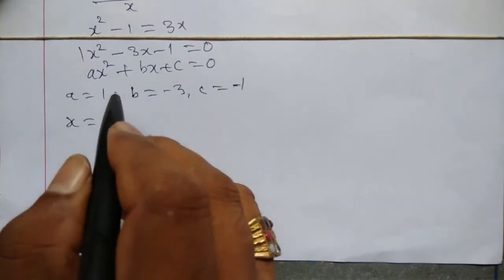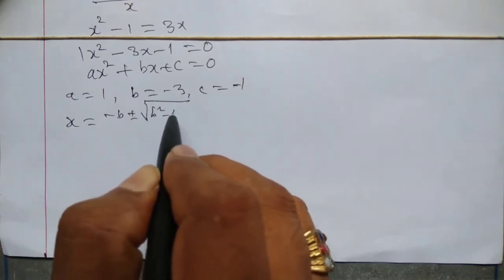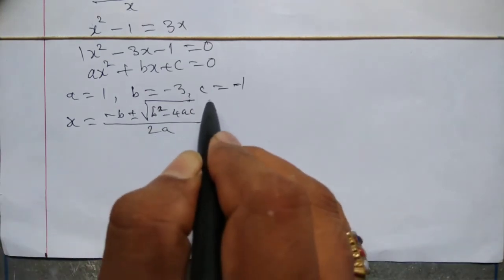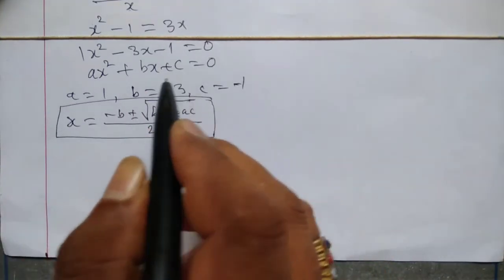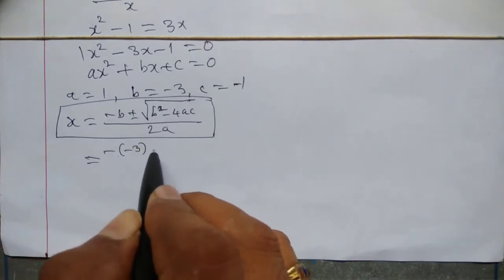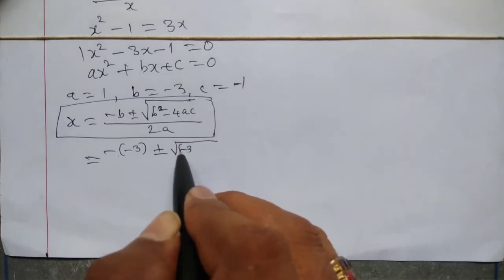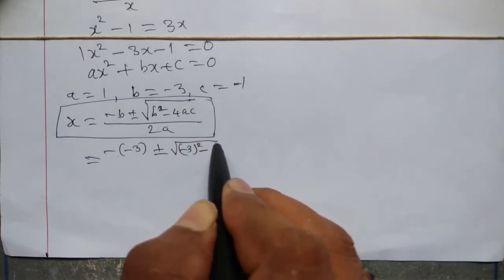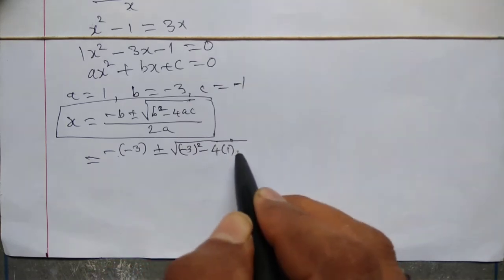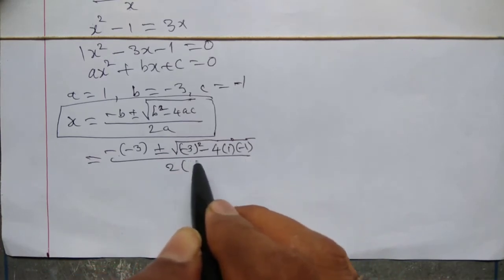So x is equal to minus b plus or minus under root of b square minus 4ac by 2a. This is the formula. x is equal to minus of minus 3 plus or minus under root of b square minus 4ac, minus 1 by 2a.